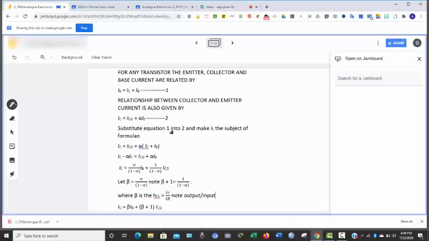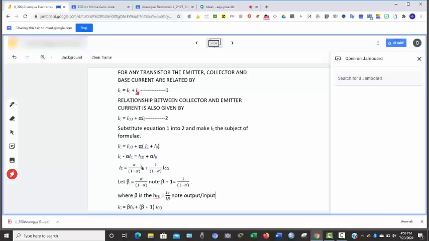Substitute equation 1 into 2 and make IC the subject of the formula. We substitute equation 1 into 2. The whole of this, we bring it here.